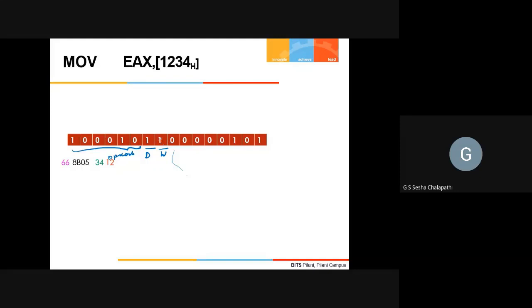So W bit is 1. First of all, the 2 bits will be the mod field, then the register field, and this will be the R by M field.